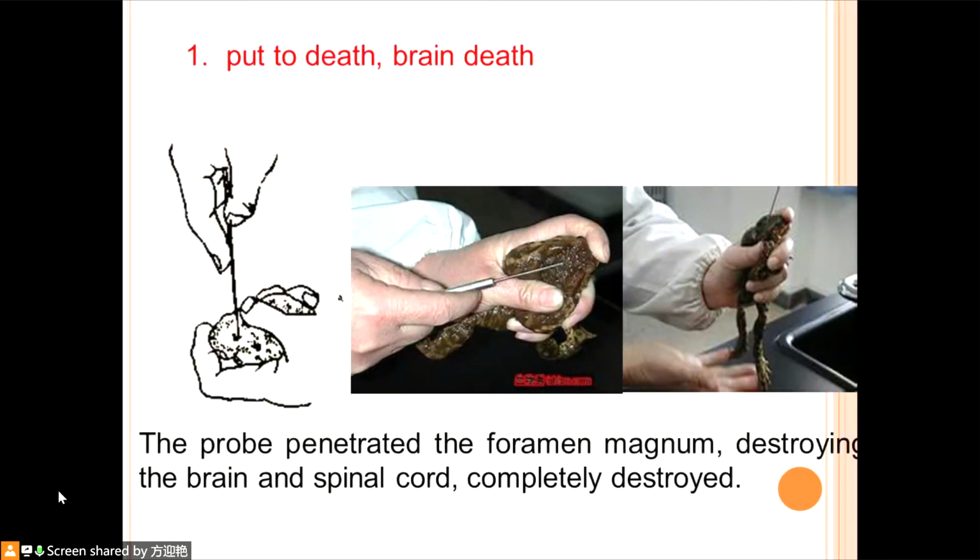The next step is to isolate the heart of the frog. So here we need to pith the frog's brain. To pith, we penetrate the foramen magnum, destroy the brain and the spinal cord.